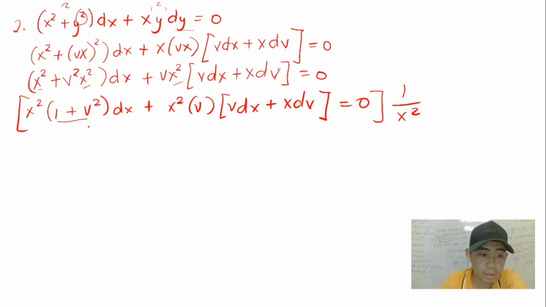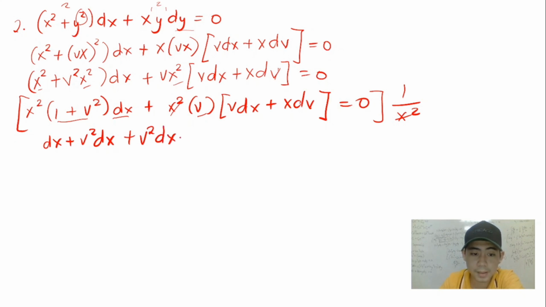Then, let's distribute to dx: dx plus v squared dx. Then only v will remain here, because we already cancelled it. So, distributing v to v dx plus x dv gives plus v squared dx plus vx dv is equal to 0.